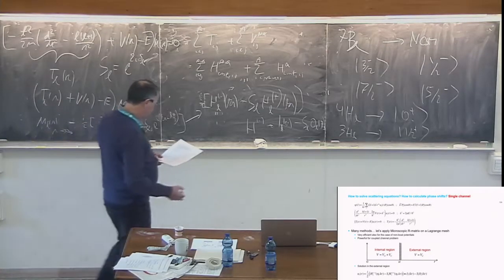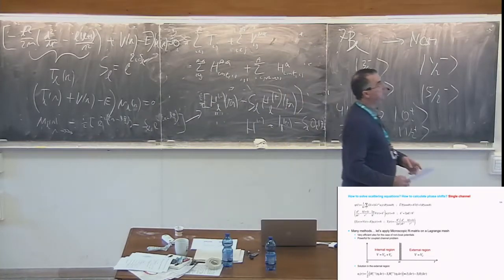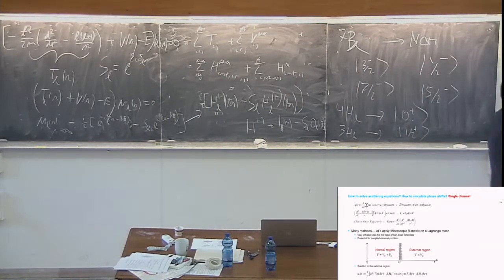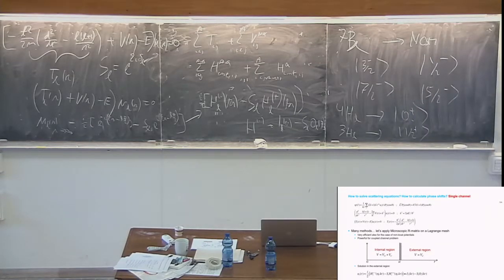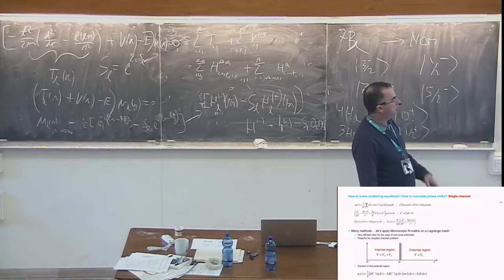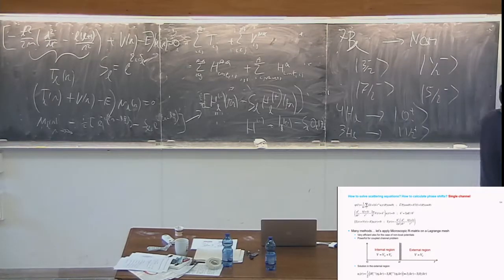So what we want to do here is to use something that we call the microscopic R matrix. So what we do is we introduce a matching radius. That means we divide our space, the configuration space, using some distance a, that has the property that the nucleon-nucleon interaction, or the interaction between the interacting clusters, will be 0 beyond this radius, right?